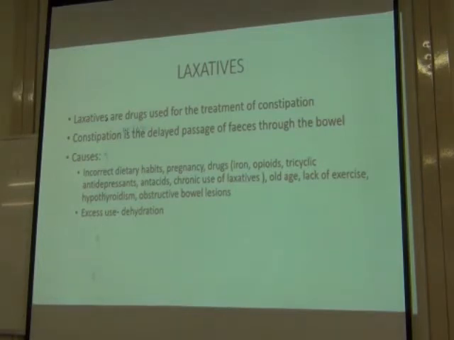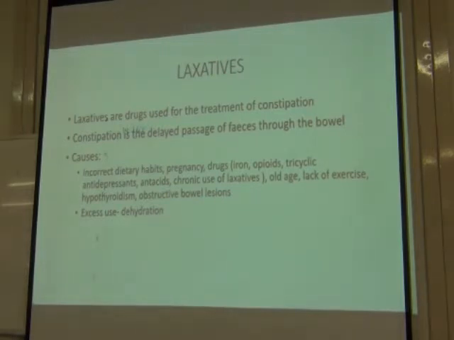And if the GIT cannot eliminate waste as it should, and the fecal matter is sitting in the large intestine and it's not coming out, how comfortable is that? Has anybody ever had constipation? How comfortable is that condition? Very, very uncomfortable.